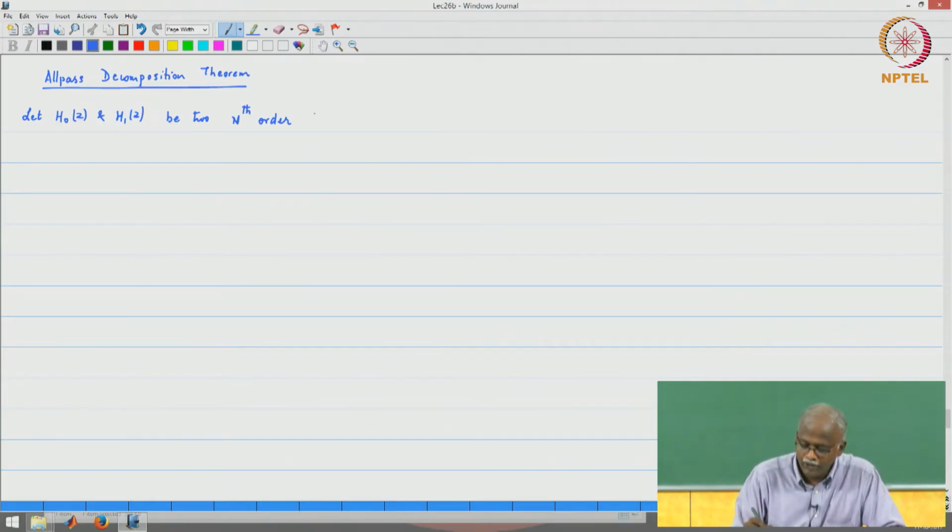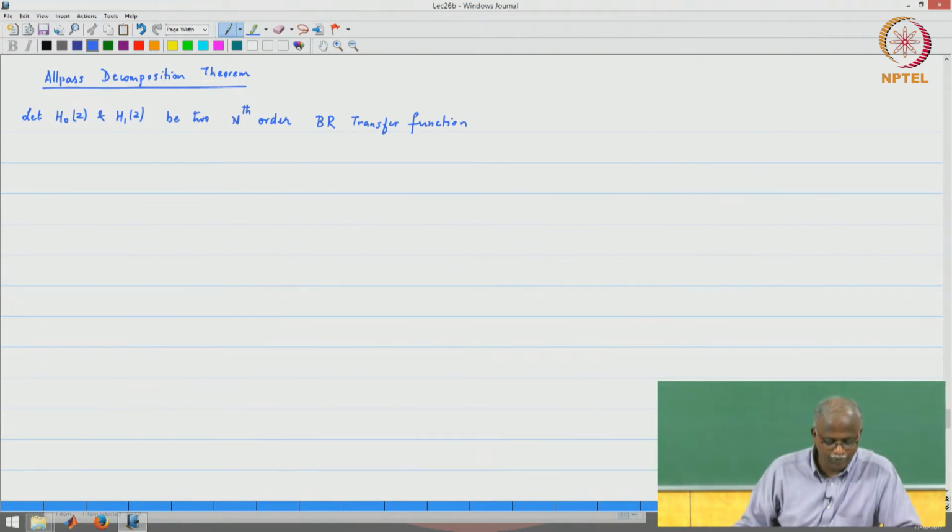Are nth order bounded real transfer functions, BR transfer functions. They are individually bounded real transfer functions. Okay, that means they are well behaved. There is no pole or something that will shoot up on the unit circle. They are bounded. Okay, of the form.